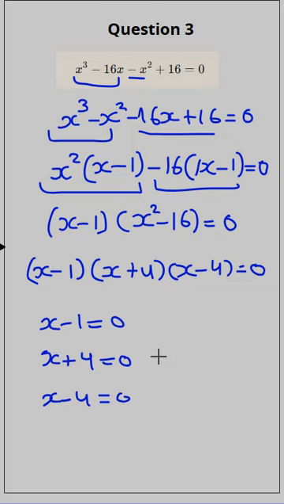So if you solve for x from all of this, here x will become equal to 1, here x will become equal to negative 4, and here x will become equal to 4. So the solutions for x will be 1, negative 4, and 4.